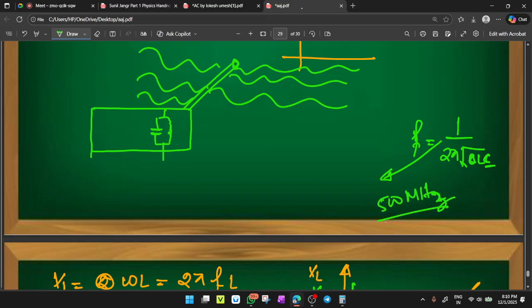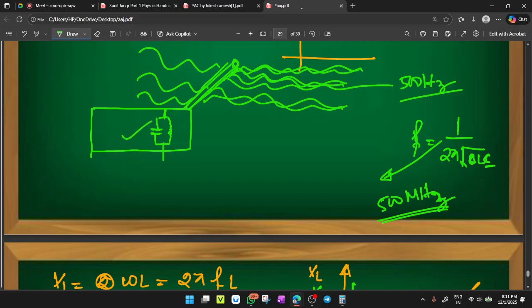Now this antenna will look for the signal whose frequency equals 500 megahertz. If the antenna matches the signal of frequency 500 megahertz, then this circuit comes into resonance with this signal, and the resistance of the circuit will be minimum and the current will be maximum.